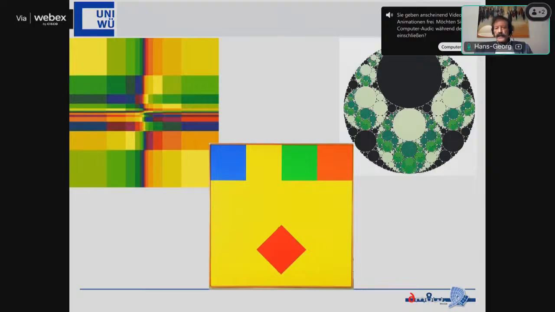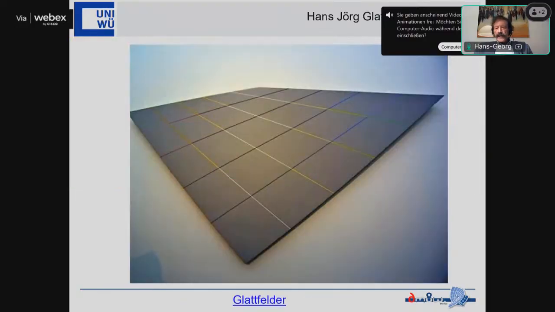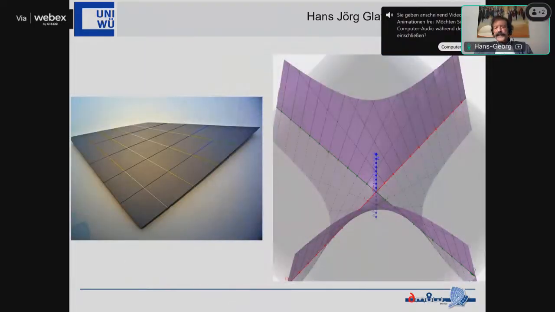And we are interested especially in one picture in this museum. And maybe you already recognize that this is a part of the graph of the function x times y.